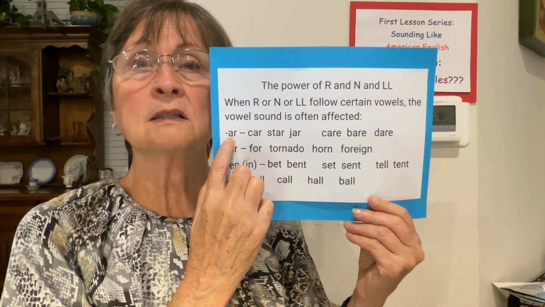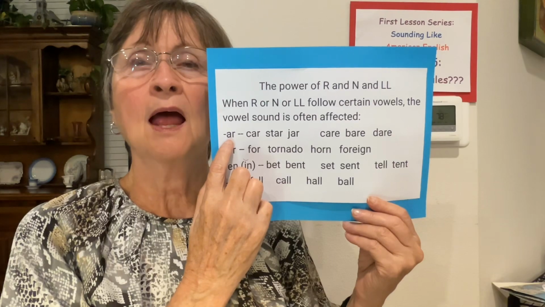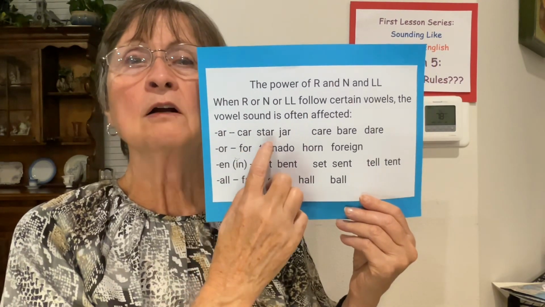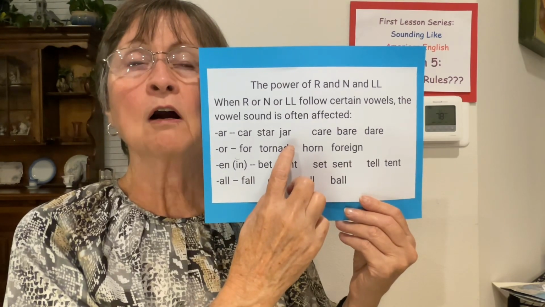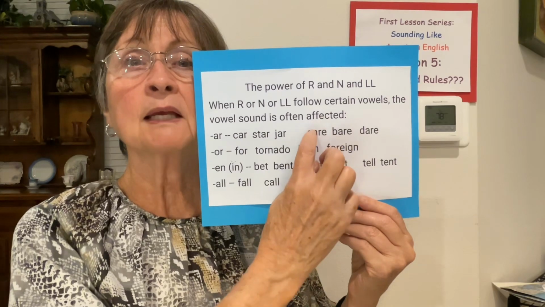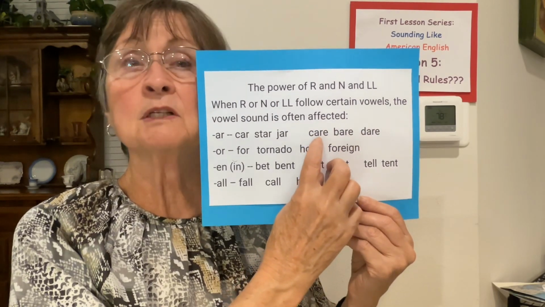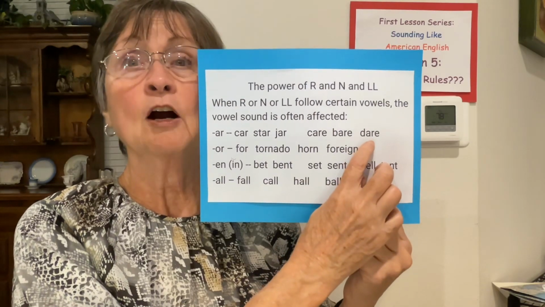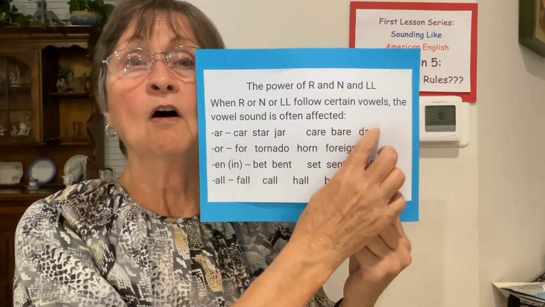Car, star, jar. Or if it's in one that should be silent E making it say its name, it doesn't say its name in this word. Care, bear, dare. It's because of the R.